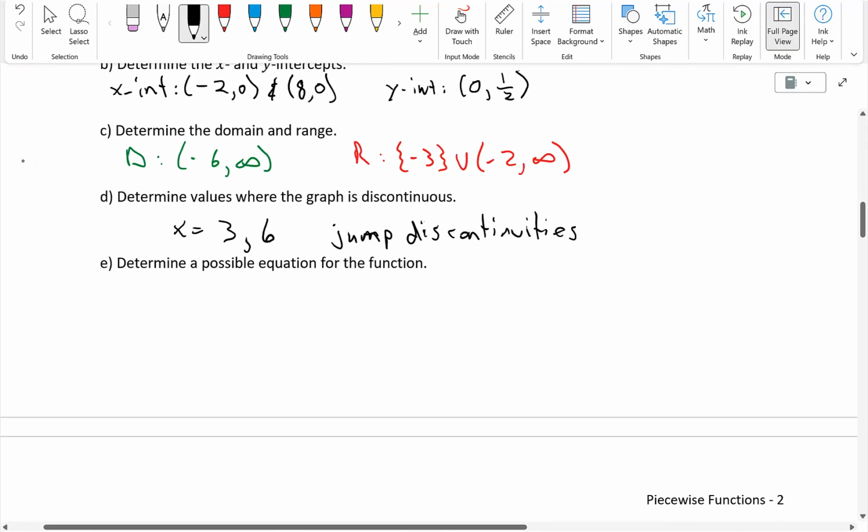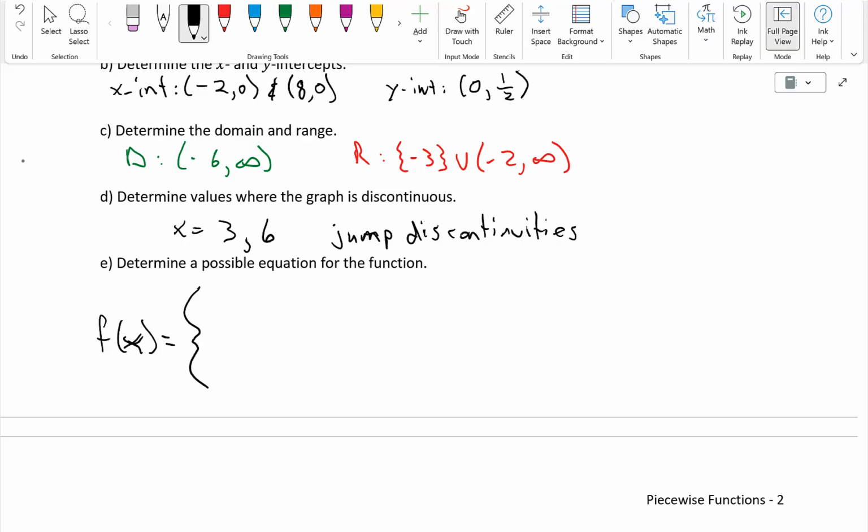It's 3 pieces, so we're going to write our function f of x equals, and to use those pieces, we got this big curly brace. Our first piece of the function was that square root of x plus 6 minus 2. And we can say if, that piece only works for -6 less than x less than or equal to 3.